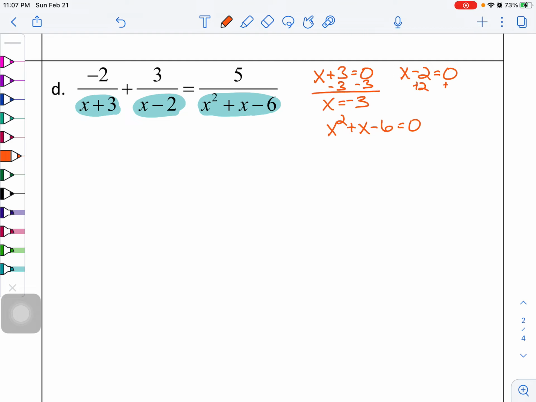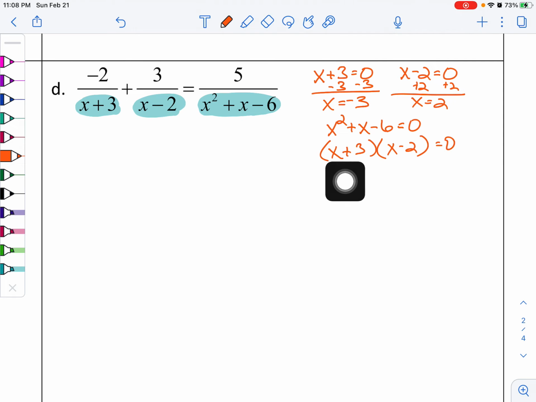So subtract 3, x equals -3, add 2, x equals 2. Now I want to factor this denominator. So I'm looking to see what multiplies to -6 and adds up to +1, which kind of conveniently gives me the factors that I already dealt with.